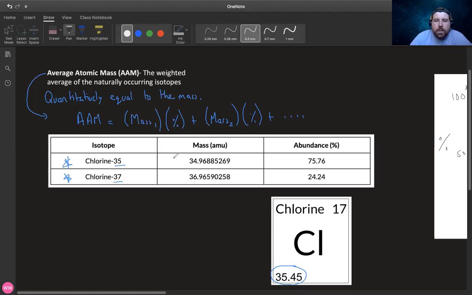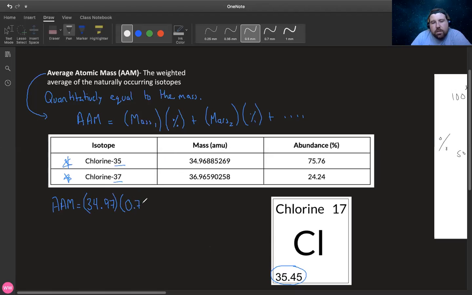We're going to use this mass spec data to figure out chlorine's average atomic mass. Average atomic mass is equal to the mass of the first isotope, taking this out to 2 decimal places, 34.97, times the abundance.